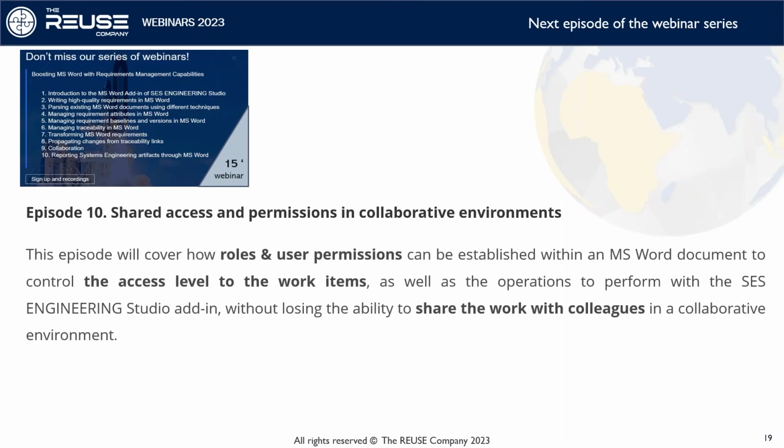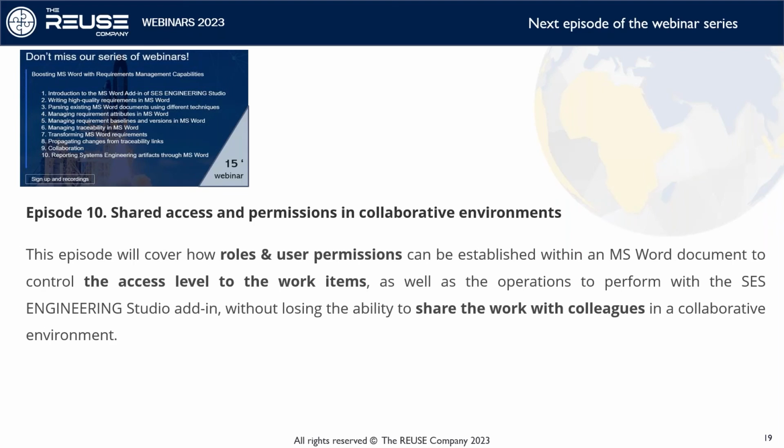So as I said, this will also cover collaborative environments, but more with the objective of working together on the same document. So how do we compensate for the fact that Word documents cannot be accessed by multiple users, but we still would like to work in Word?